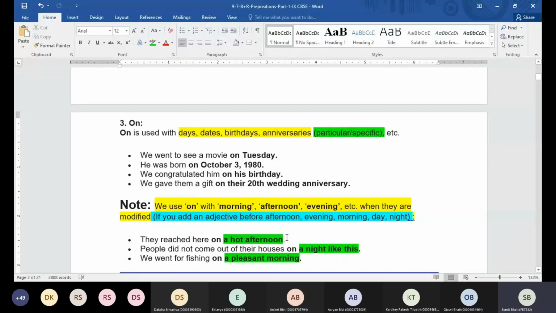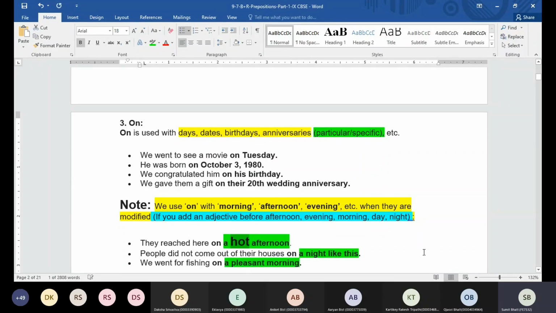Like they reached here on a hot afternoon. We are using afternoon, and before afternoon we have used the word hot. So when I say hot afternoon, we are modifying the word afternoon. Because of this modification, we are not going to use in a hot afternoon, rather it's going to be on a hot afternoon.